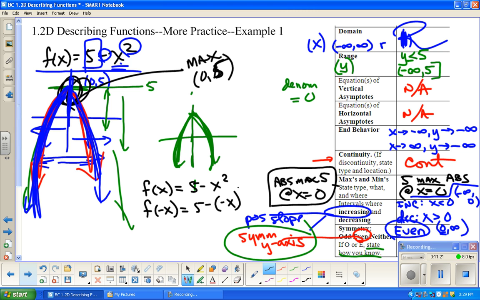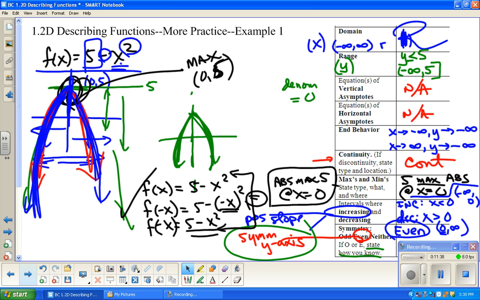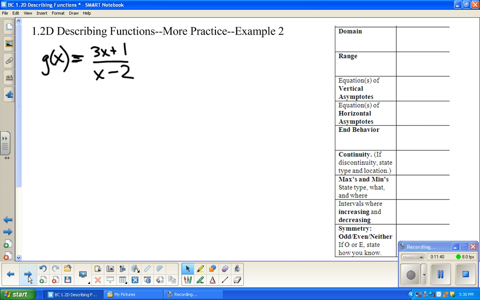Everywhere you see an x, negative x. Simplify this. Well, negative x times negative x is just x squared. Well, that's what f of negative x equals. Well, guess what? That's what f of x equaled. Okay, so those are equal to each other, so therefore it's proven. Cool. All right, well, that was one example.